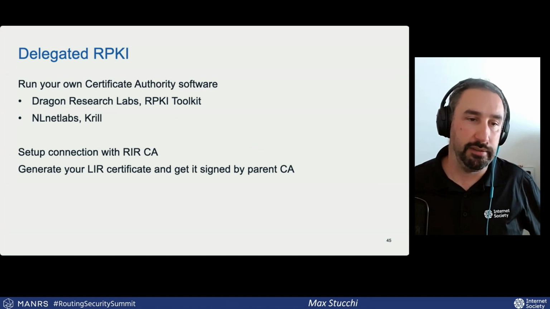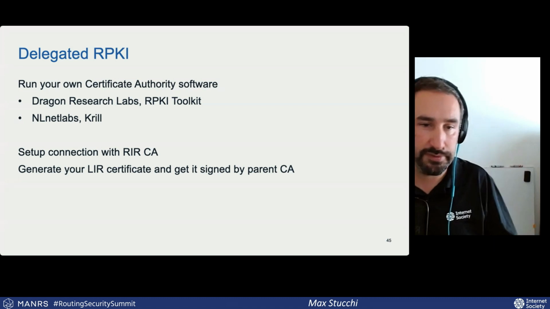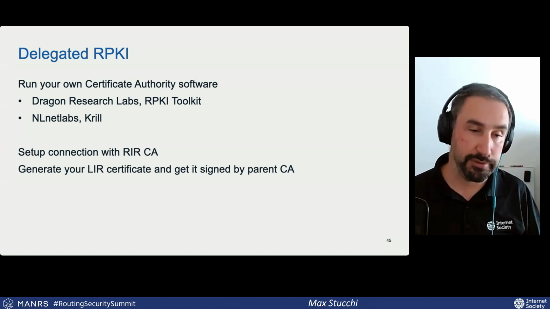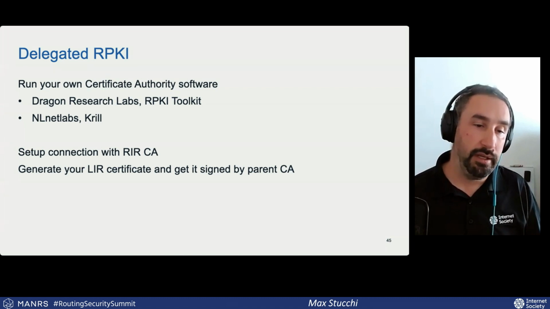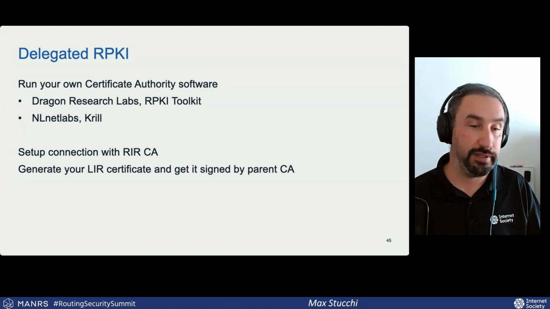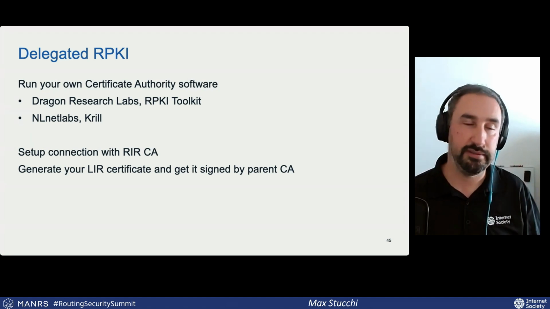NLnet Labs keeps adding features. So recently there was ASPA, for example, support for new types of objects and so on. You would have at this point to set up your connection with the certificate authority and then generate your certificate, get it signed, and so on.